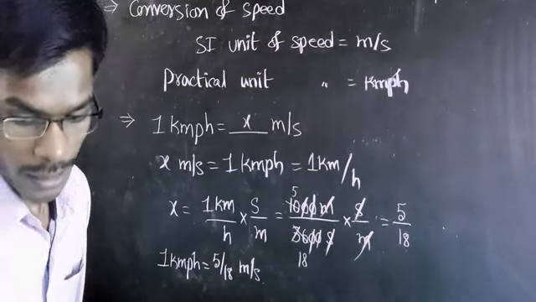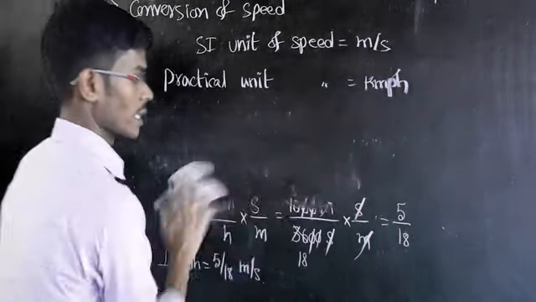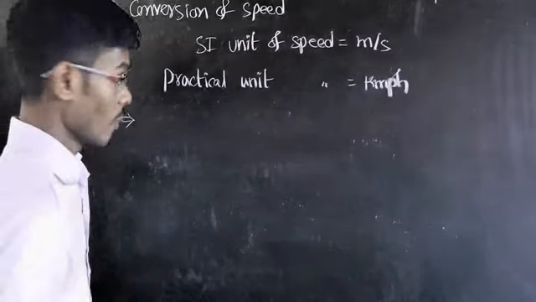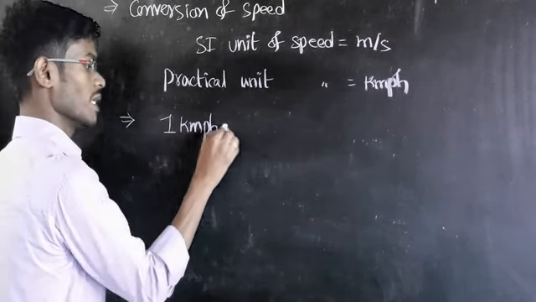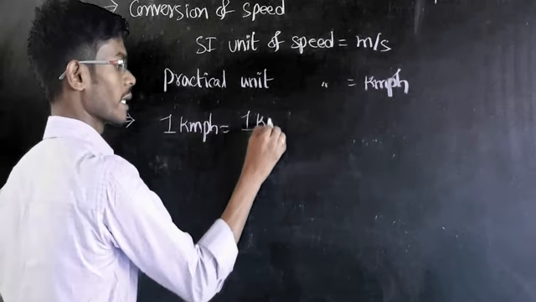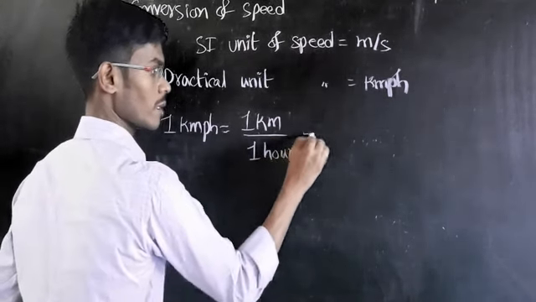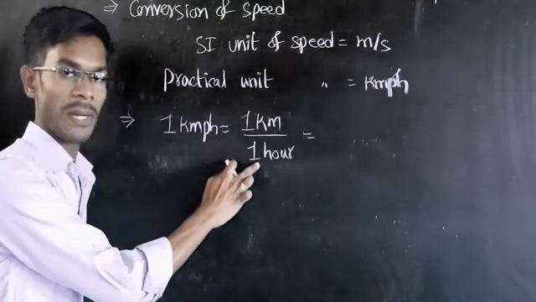There is another way instead of considering x like this. 1 kilometer per hour means 1 kilometer divided by 1 hour. Here kilometer is a practical unit, and hour is also a practical unit.